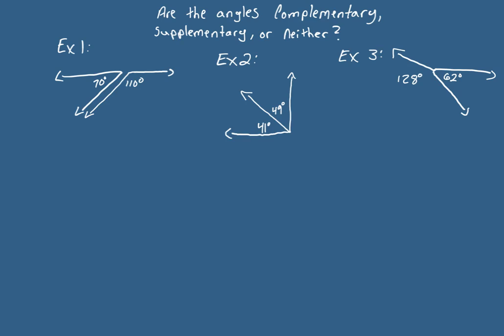So let's do example number 1 first to test to see if those are any one of the angles that we've talked about. We're going to add them together, and we will do 110 plus 70, and I get 180 degrees. So the first one is supplementary.